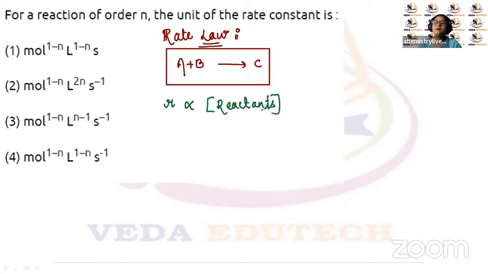It depends on some power of the reactants. So I can say that the rate of reaction is going to depend on some power of the concentration of the reactants.